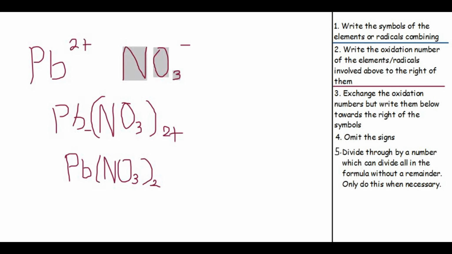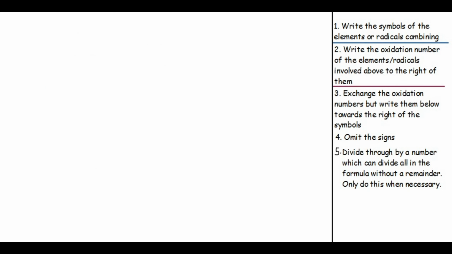And for the next one, I want you to try to do this one yourself. Feel free to even rewind and try previous examples yourself. The next one, we are asked to write the chemical formula for aluminium tetraoxosulfate 6.